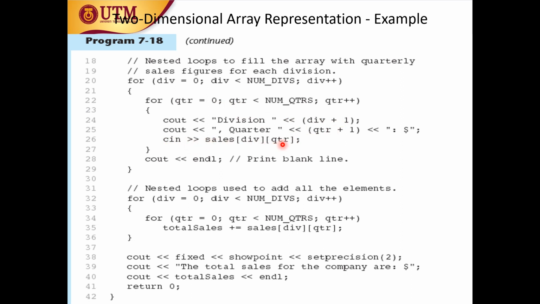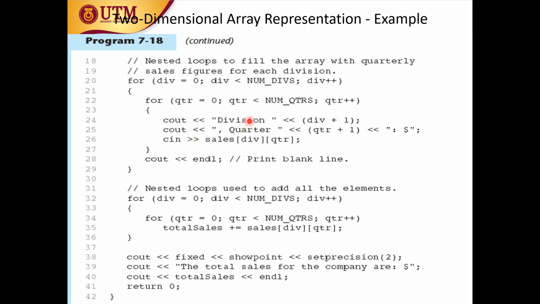We are accessing this element and giving it data. We are entering data to that element, which is at row index 0 and column 0, and then this one is going to be 1. The row index remains 0 while the inner loop iterates, then it goes to the outer loop to iterate the second row, and then the inner loop iterates three times, four times.